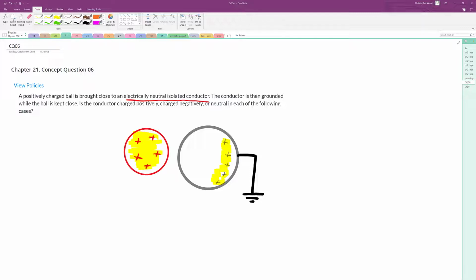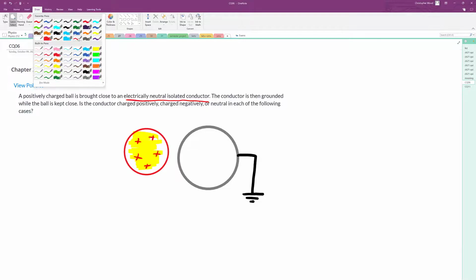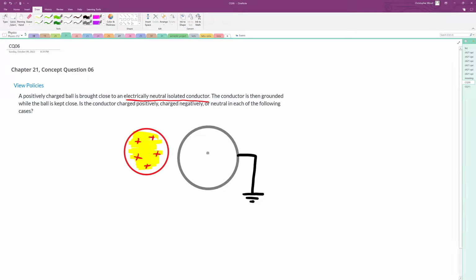So all of these positive charges that are fleeing the positively charged ball being brought near it will escape through that ground connection, leaving this object with a net negative charge. Okay, the positive charges were chased away through the ground, leaving this object to have a net negative charge.